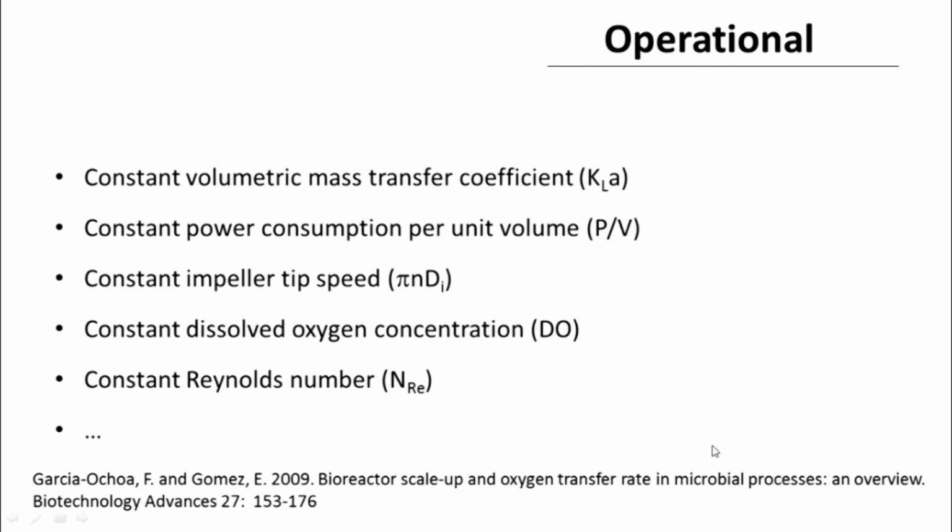This says that in the industry, typically the scale-up is done on a kLa basis 30% of the time, on a constant power consumption per unit volume basis 30% of the time, constant impeller tip speed 20% of the time, constant DO value 20% of the time. Okay, that is typically the chosen parameters for scale up in the industry.